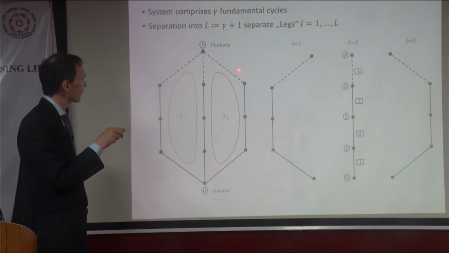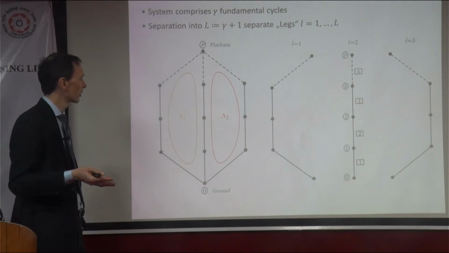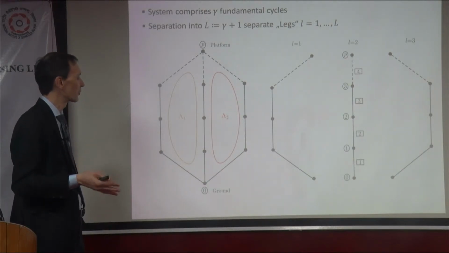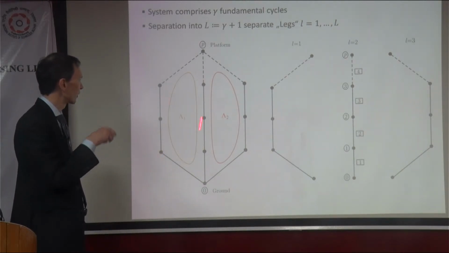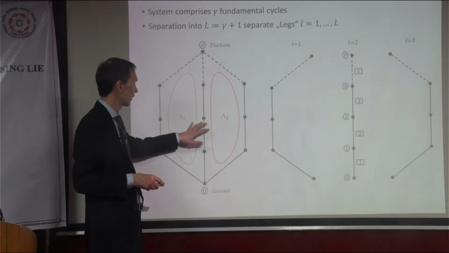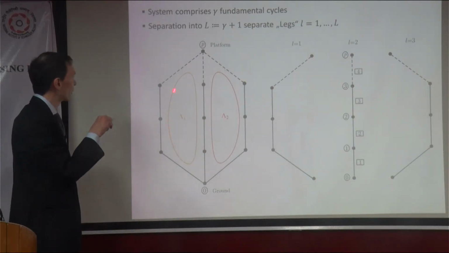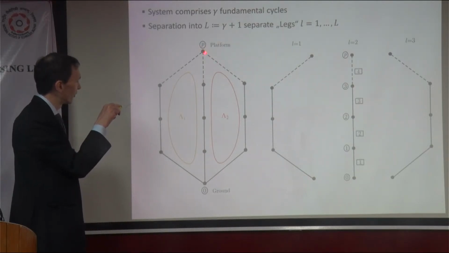So now we have this for our PKMs with simple limbs. That means that we have just simple chains going from the platform to the ground. We have a certain number of fundamental cycles, and we can always find or define the cycles so that we always include the platform vertex.